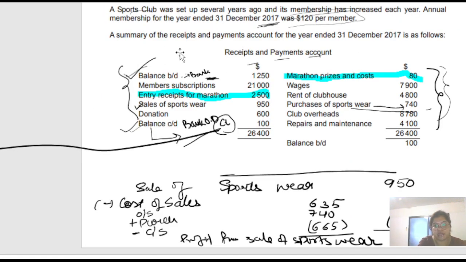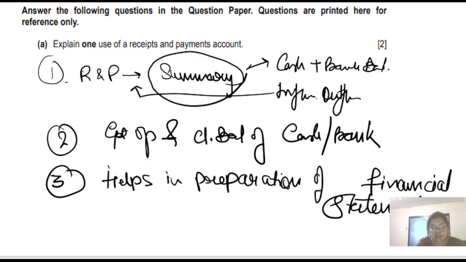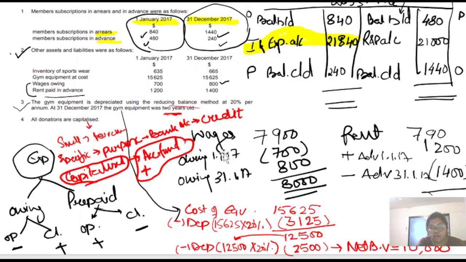From the payment side. This is our payment side. The first payment is wages. We already calculated the final value of wages. In this slide, the amount for the wages is 8,000, which we already calculated.